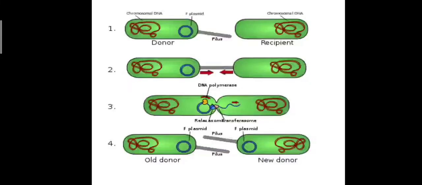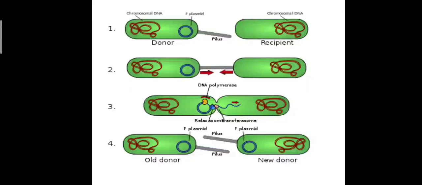Before going to this process, we have to get some knowledge about some terms. The bacteria containing an F plasmid are called F positive, or F factor positive, and they act as donors.